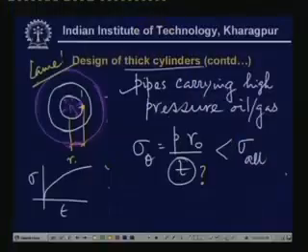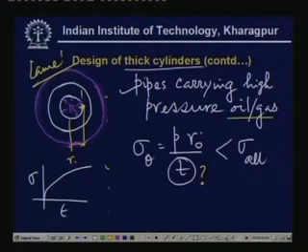And lastly, we calculate the thickness of a pipe which carries high pressure oil or gas using a very familiar looking formula used for the thin cylinders. The difference being, here instead of taking the mean radius, we take the outside radius. So this is how these things are calculated.